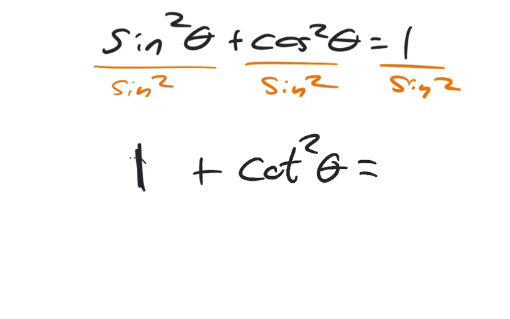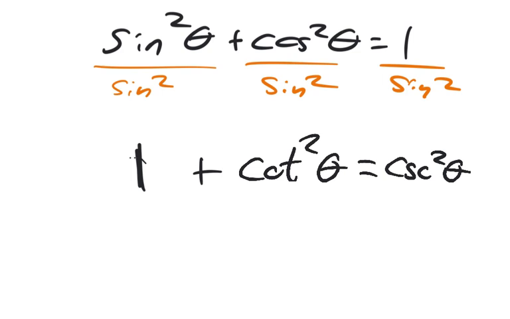This is a reciprocal identity. So if sine squared is in the denominator, if I move sine to the numerator, sine becomes its reciprocal, which is cosecant. And you know that when we put this in our calculator, if you had to find cosecant of pi over 4 in your calculator, you would put 1 over sine of pi over 4, right? Because cosecant is the same thing as 1 over sine.